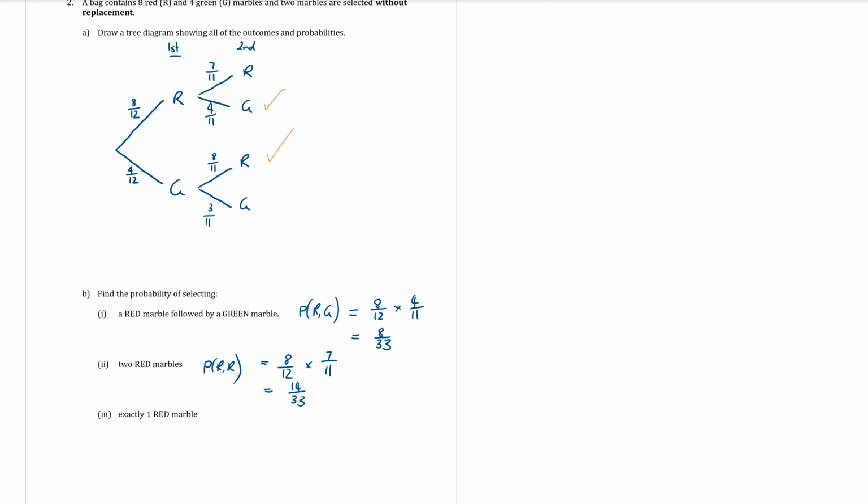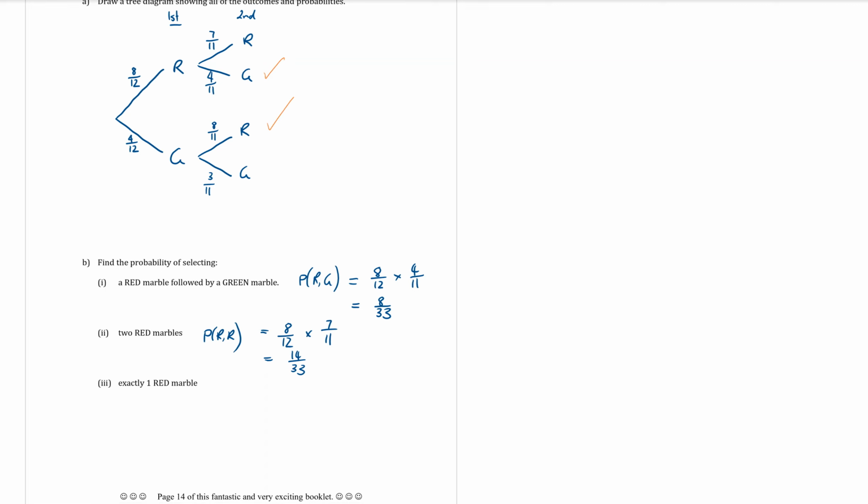So I'm going to find the probability of red-green and the probability of green-red. Now, to find one branch, you multiply along the branches. But if I have 2 branches, then you need to add them together. So remember that. Multiply along the branch, but add branches together if it's more than one branch.